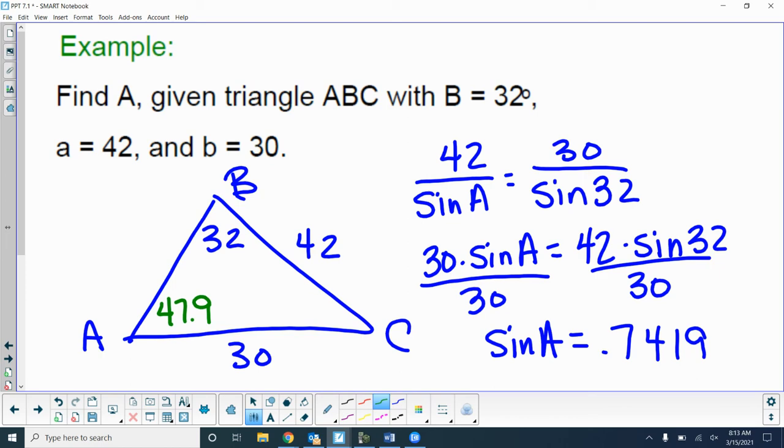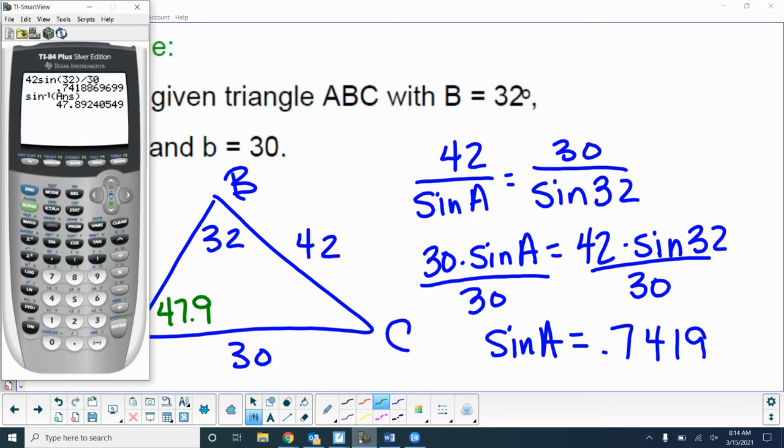So 180 minus that answer is 132. The original angle I knew was 32. If I add 32 to that, I'll get a number less than 180. So guess what? There's two triangles.